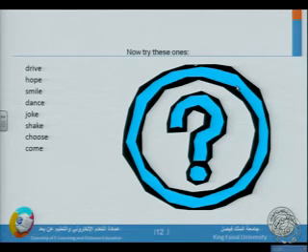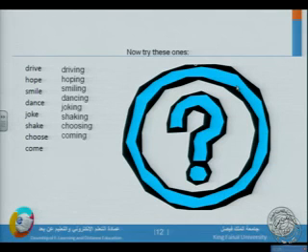Now let us try these ones. For example, drive becomes driving, hope, hoping, smile, smiling, dance, dancing, joke, joking, shake, shaking, choose, choosing, come, coming. As you can see, all of these words end with E, right?